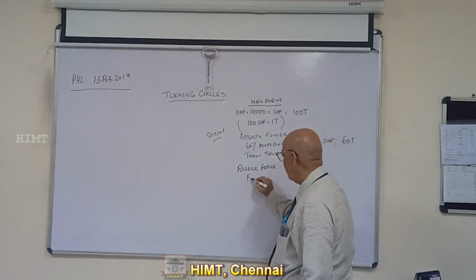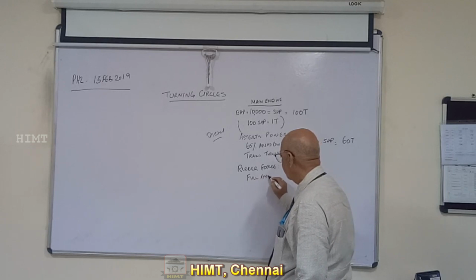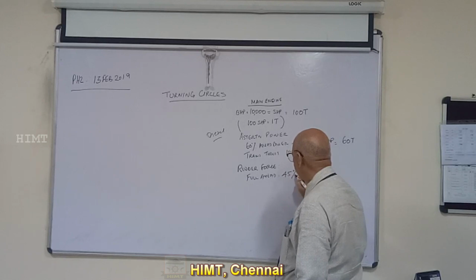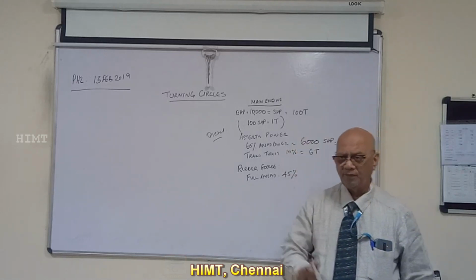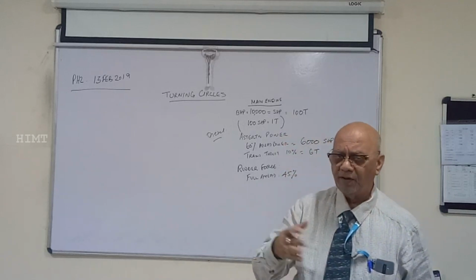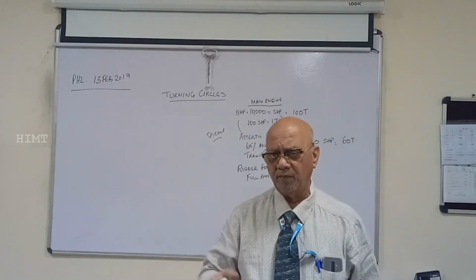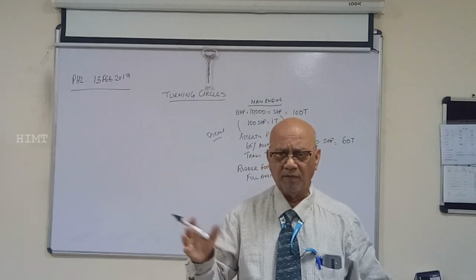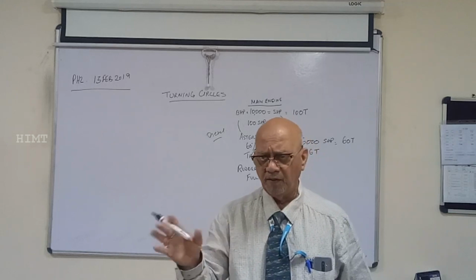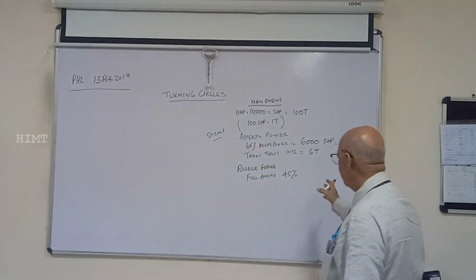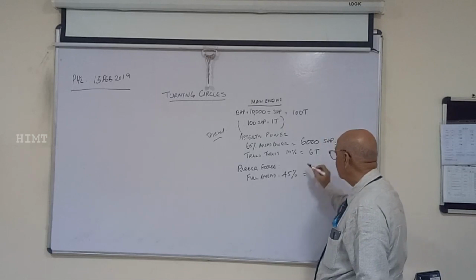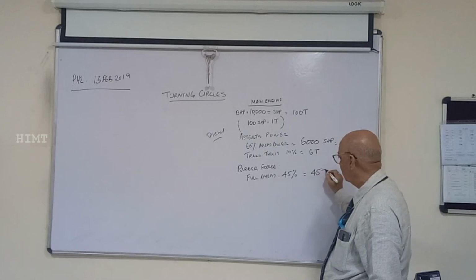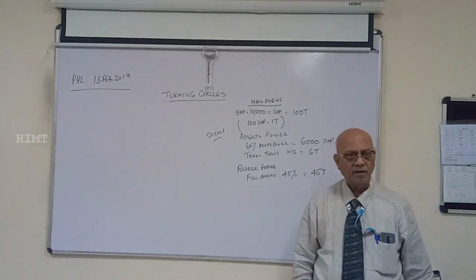At full ahead, we generate, this is a thumb rule, it will vary from ship to ship, depending upon the stern geometry, rudder shape, the rudder areas, and underwater geometry, etc. This will differ, but the thumb rule is 45%. So that means 45% of 100, it will be about 45 tons of force.